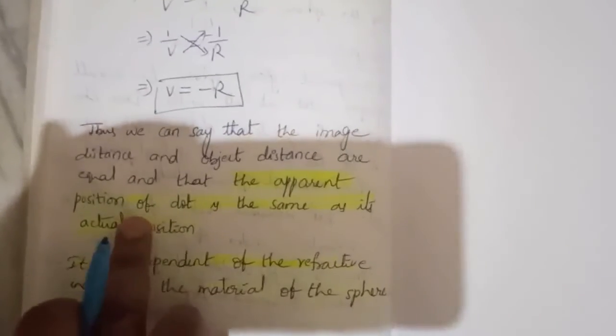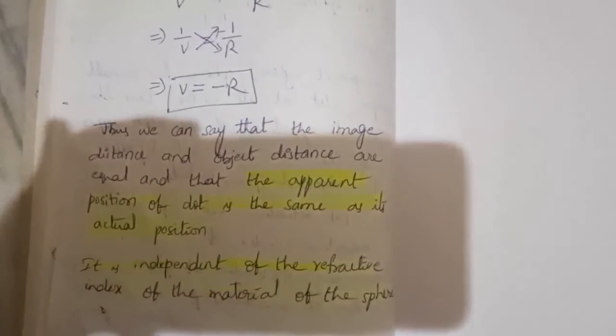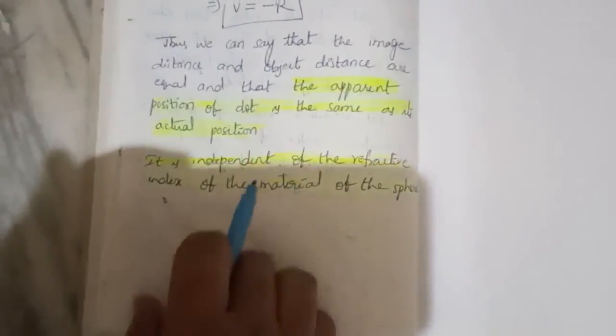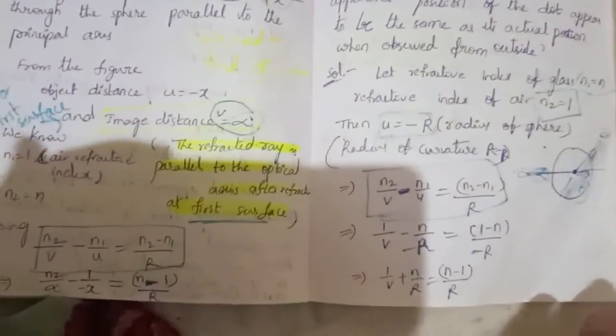The apparent position of the dot is the same as its actual position if we observe from the outside, and it is independent of the refractive index of the material of the sphere. It does not depend on the glass refractive index or the air refractive index.